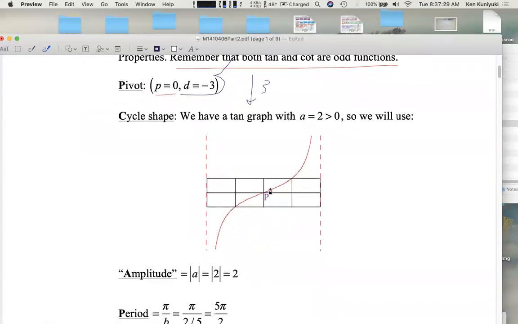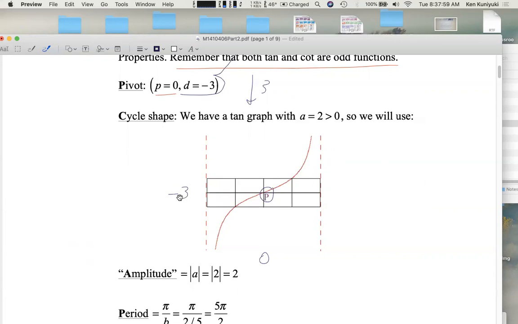And remember, the pivot for tangent corresponds to the center point of the frame. 0 is here. -3 is over here. Here's P. Here's D. The origin moves down 3 units. We're at the point 0, -3 for the pivot, the central point.